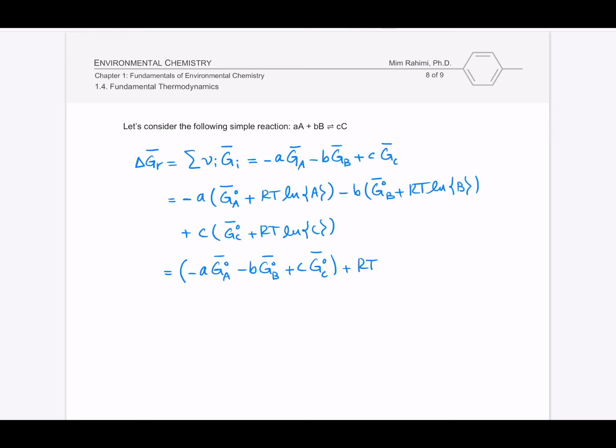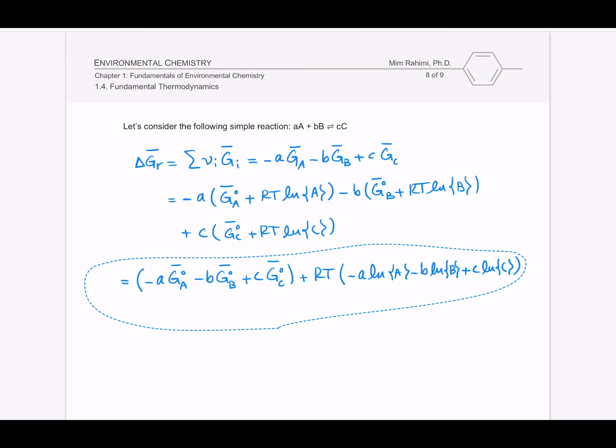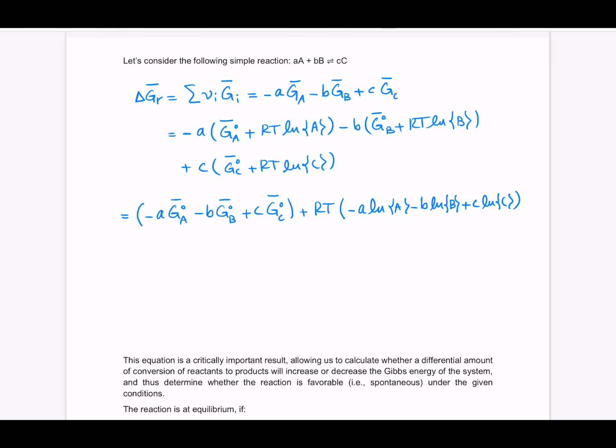plus RT, minus A ln A minus B ln B. Okay, this has to be capital A. And plus C ln C. What is this expression?